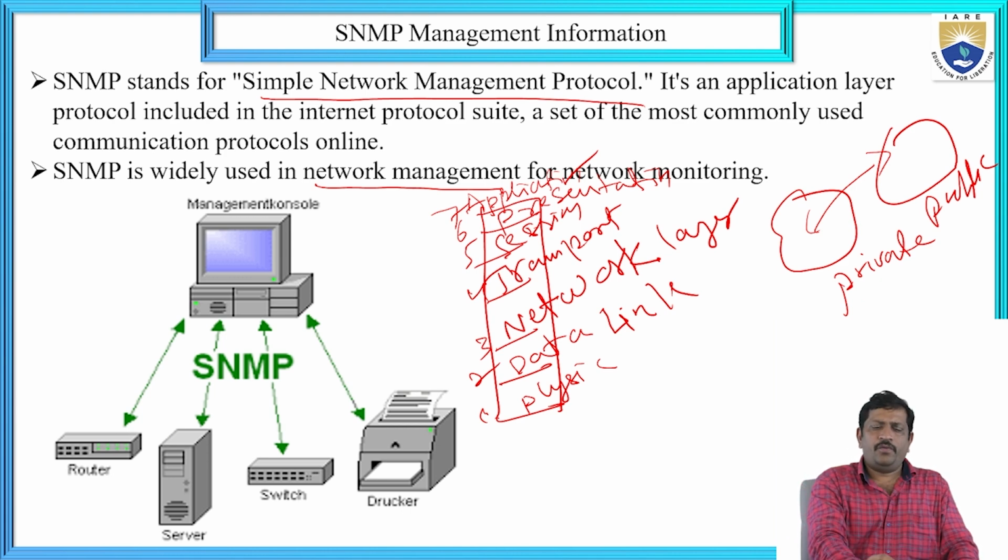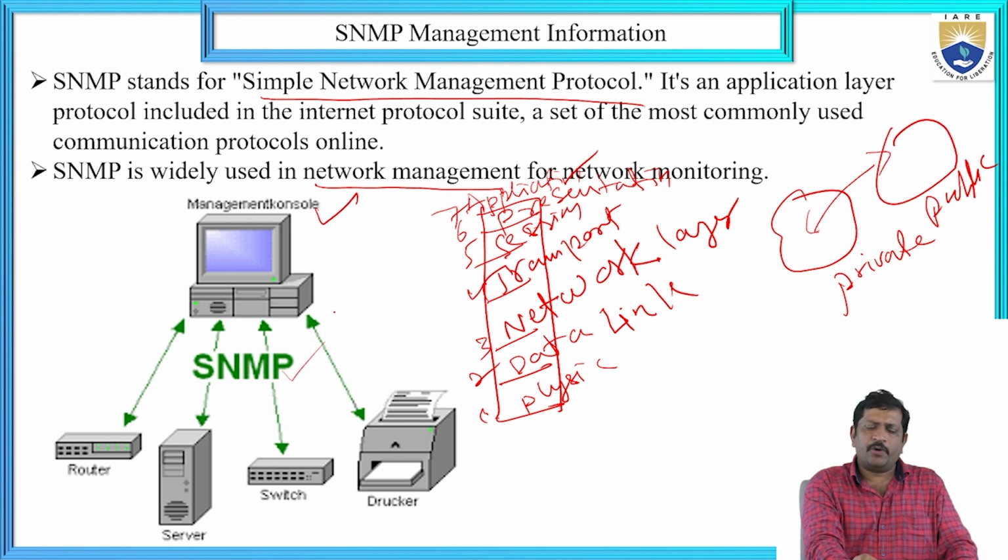If you take the management console, in this system, if you are implementing at the application layer level, a number of applications will be running on this console host. One of these applications utilizes the SNMP protocol.